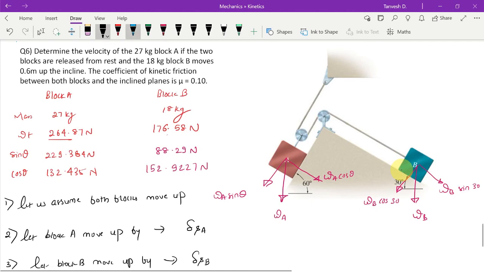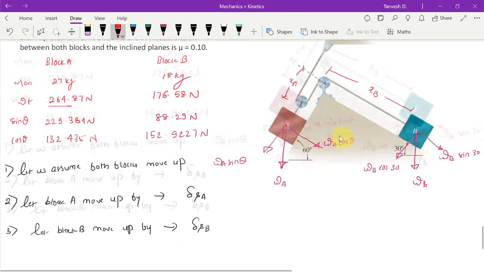So if I take this as a reference, I can say that this much is XA, this is XA, this is XB.